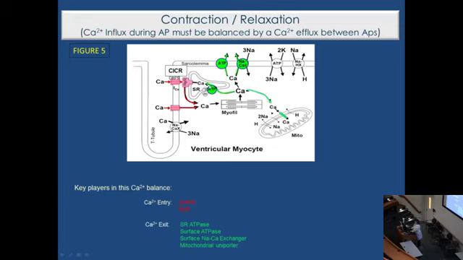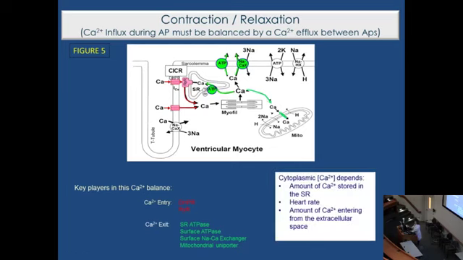Here is the calcium ATPase that will put the calcium back into the SR. And also at the level of the sarcolemma, we have this calcium ATPase and the sodium-calcium exchanger that will contribute to extruding calcium towards the extracellular space. And to a lesser degree, we have the action of the mitochondrial uniporter that will take some calcium into the mitochondria.